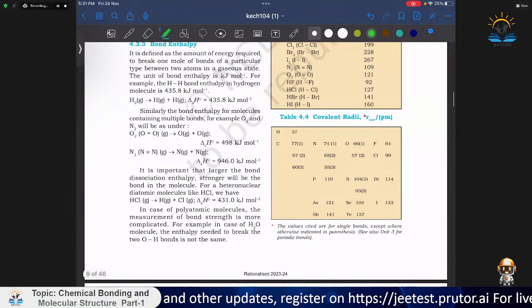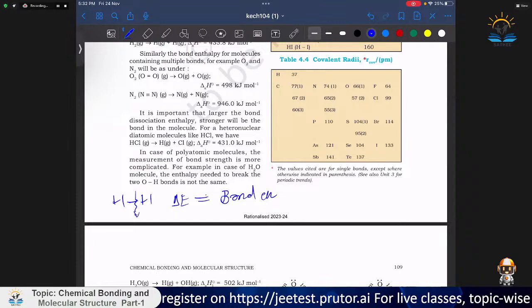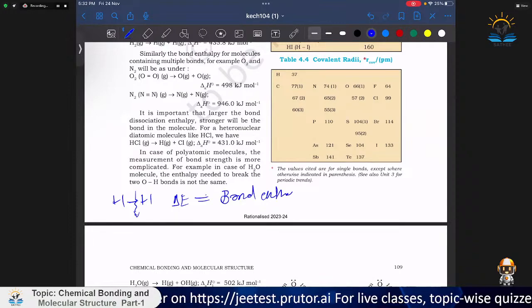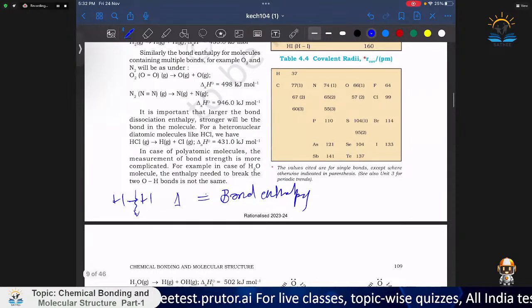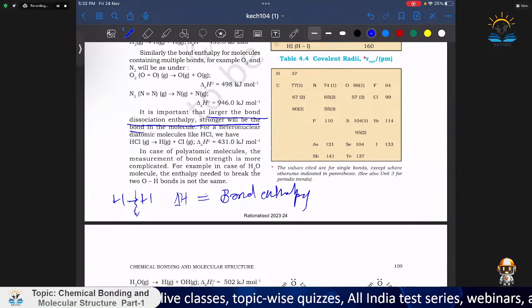This is the bond enthalpy, usually represented by delta H. It is important that the larger the bond dissociation enthalpy, the stronger the bond. So if the bond is strong, to break it you will have to give more energy, which is really simple to understand.